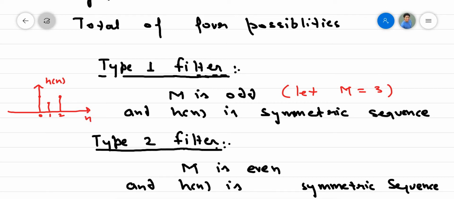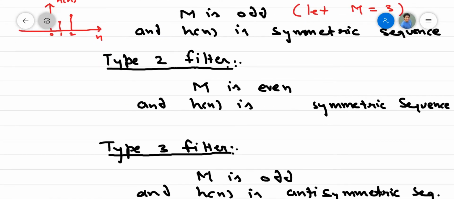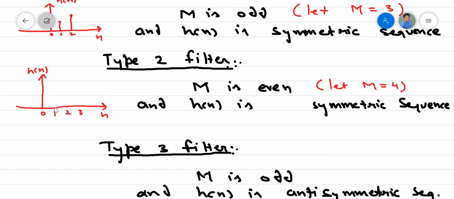Okay, next we'll see for type 2 filter. In type 2 filter, let M be equal to 4. In that particular case, h(n) and this n, so we'll have 0, 1, 2 and 3 points.